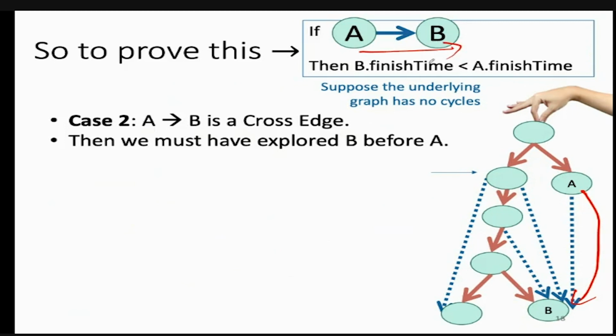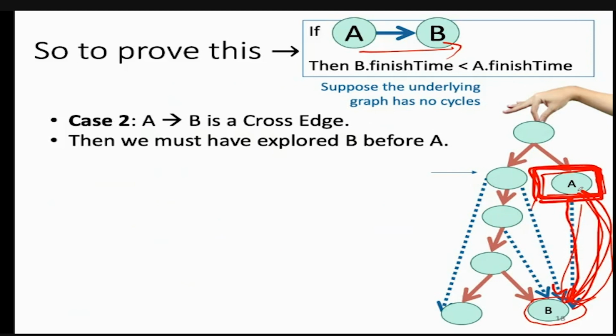If we have explored A first, then we would explore B via A, from A to B. And as we know, this did not happen. Why? Because this is a cross edge. If it were a tree edge, then I would say that the A to B edge was taken in the tree. But if it was not taken, if it's a cross edge, then we are sure that B is not visited via A. So B is visited via some other vertex.